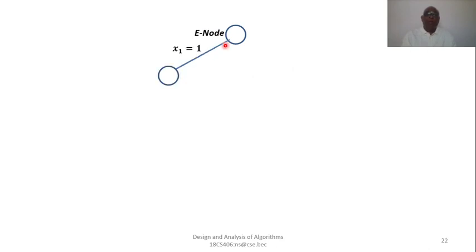So we consider the value of x1 equal to 1 and create a child. This child represents the partial solution x1 equal to 1. As I said earlier, while explaining the principle of backtracking, as soon as we create a node by choosing one of the values of xk, we check whether the partial solution represented by that node satisfies the bounding function or not.